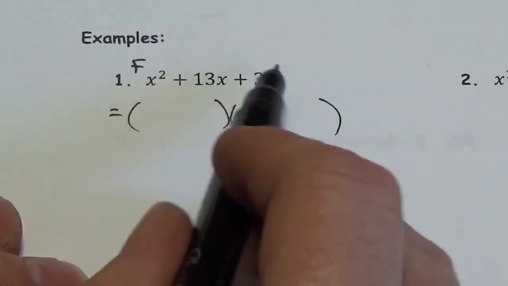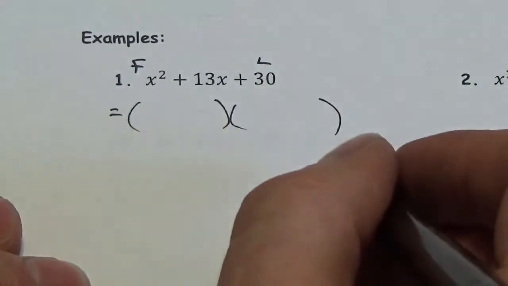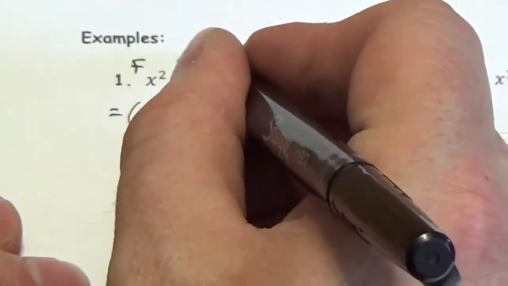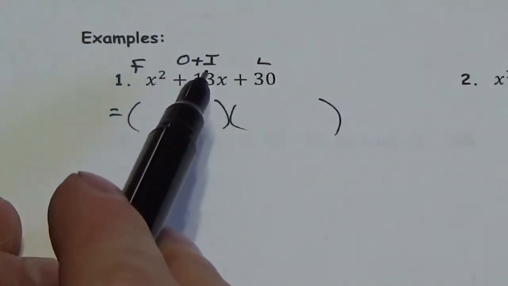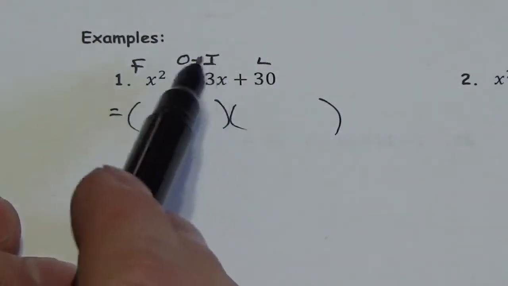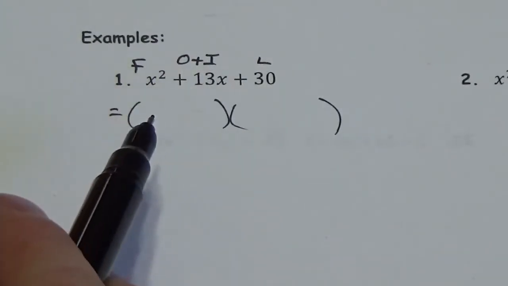The last number here, this 30, is the L, the result of the last numbers multiplied together. And this inside here is your OI, but it's the outer product plus the inner product, so there's a little bit of addition that goes on to get this middle term.